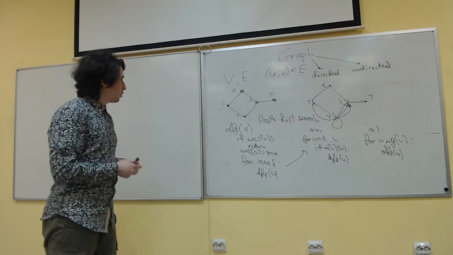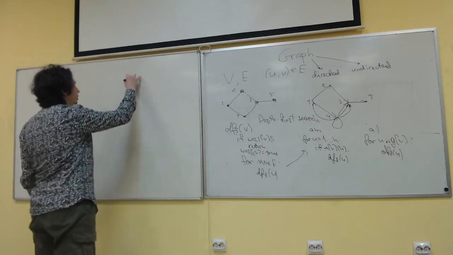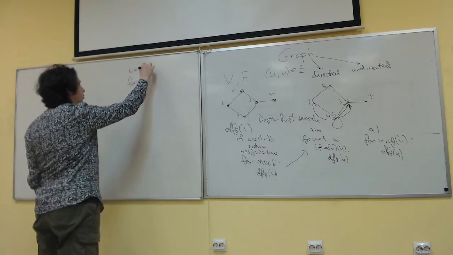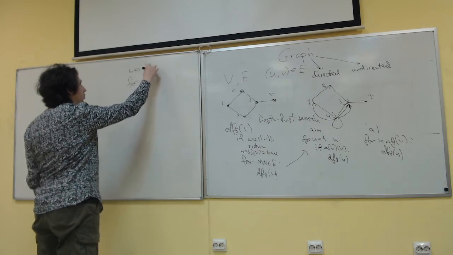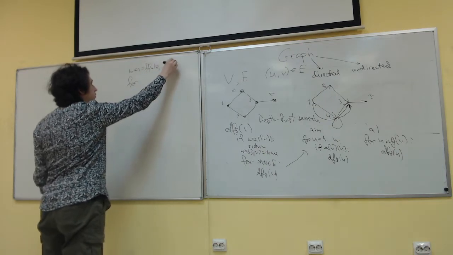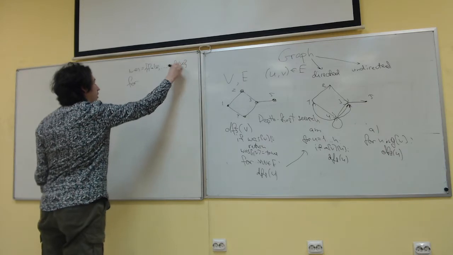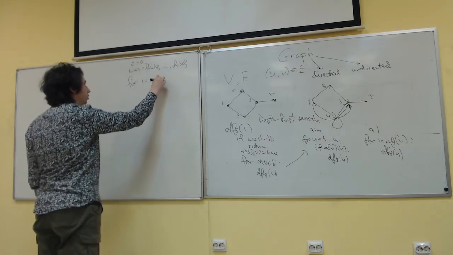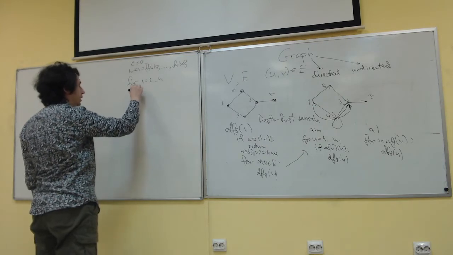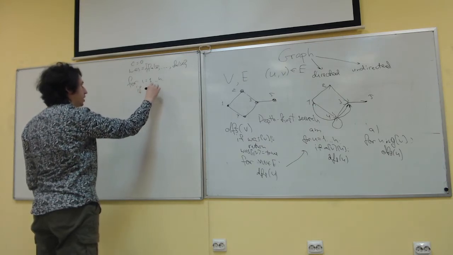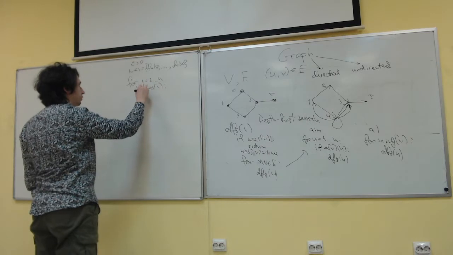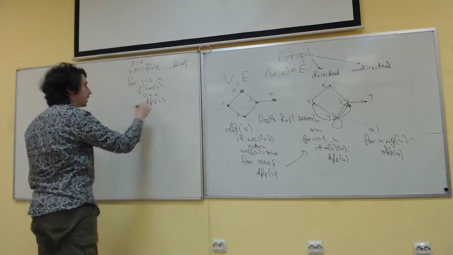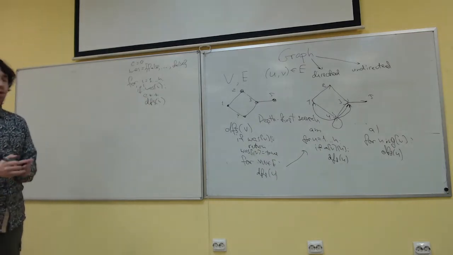And that's it. How to calculate the number of connected components? We will write was equals to false, and the number of components is 0 at the beginning. Then we iterate through all the vertices, and if not was of I, then C++ and DFS of I. So what does it mean?